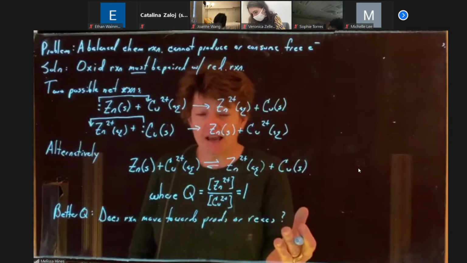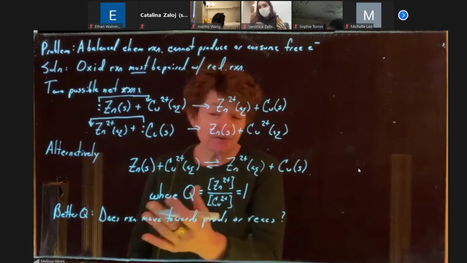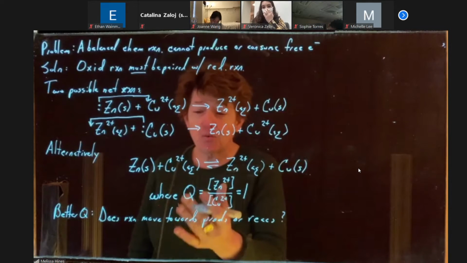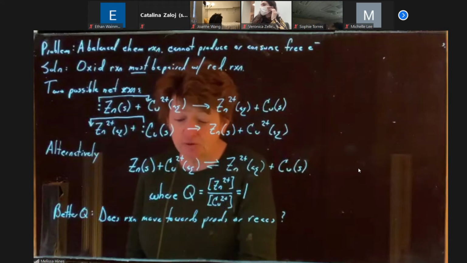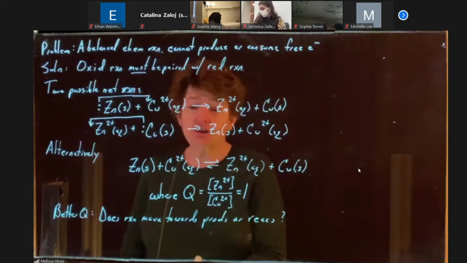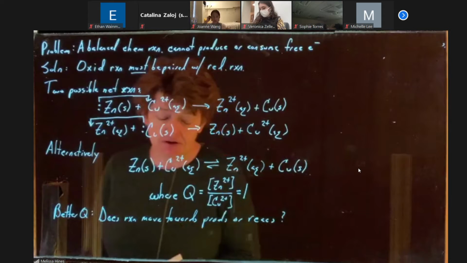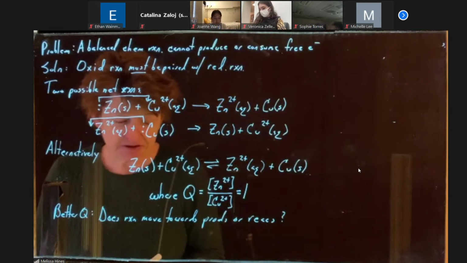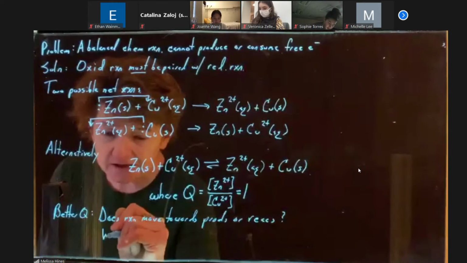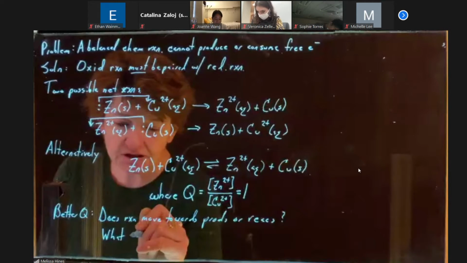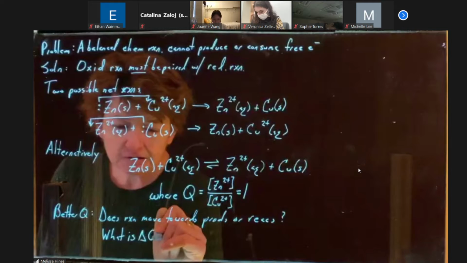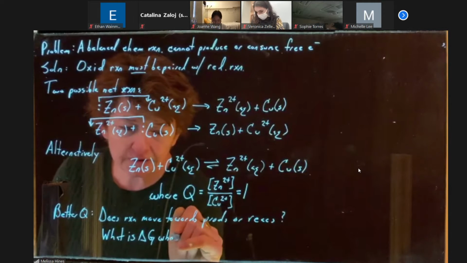So how are we going to answer that? Well, that's really simple. All we have to do is figure out what delta G is. Because if delta G is negative, that means equilibrium is ahead of us. If delta G is positive, that means equilibrium is behind us. So what we have to do instead is ask what is delta G when Q is equal to 1.